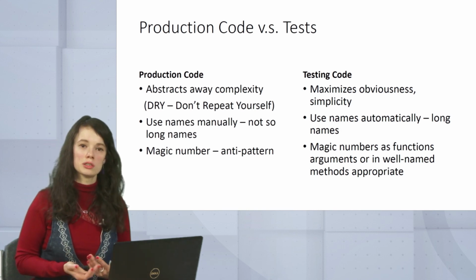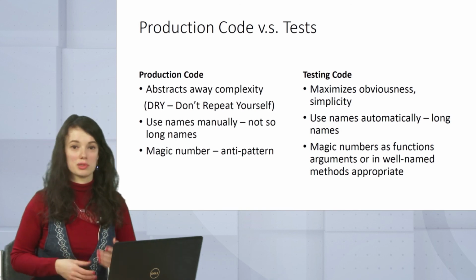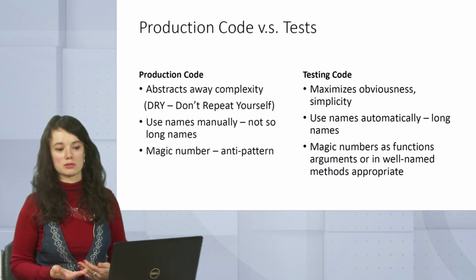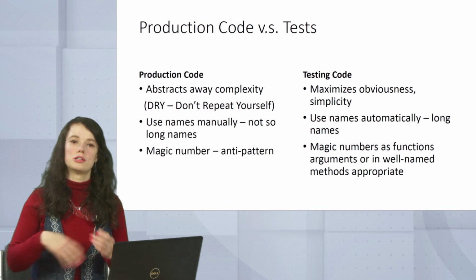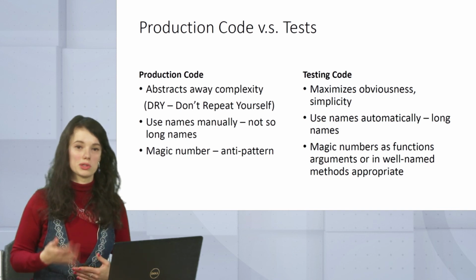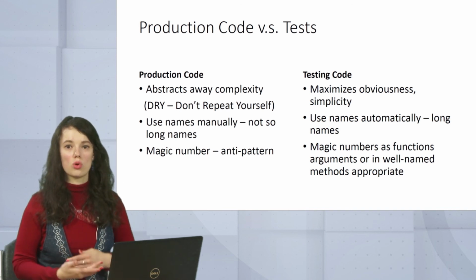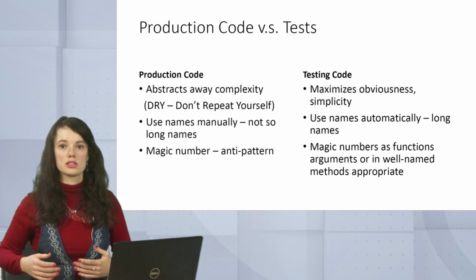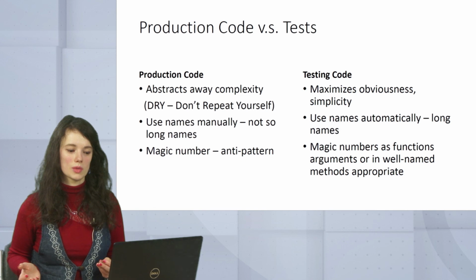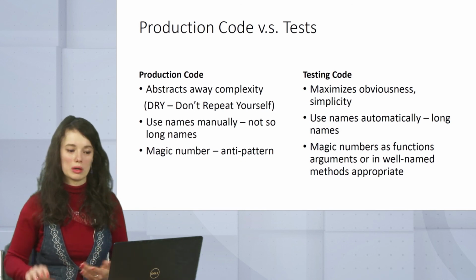In production code, magic numbers, for example as arguments, are an anti-pattern. In testing code, they may be a pattern, because you read your testing code in the command line and it's easier to understand the testing function when it's all in one place.